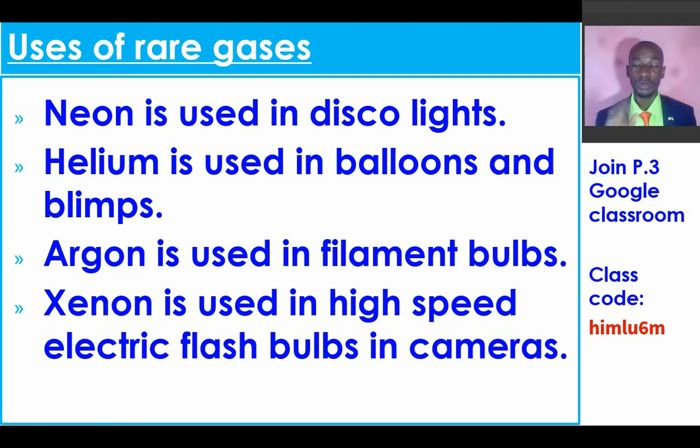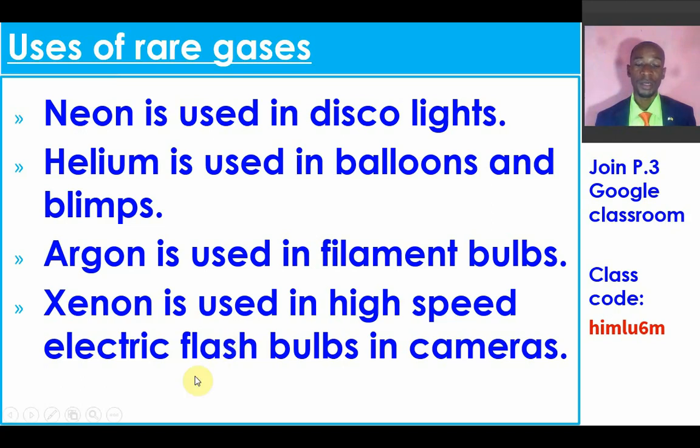That flash of the camera that flashes once in just a second and disappears is possible because of xenon, which is a rare gas.